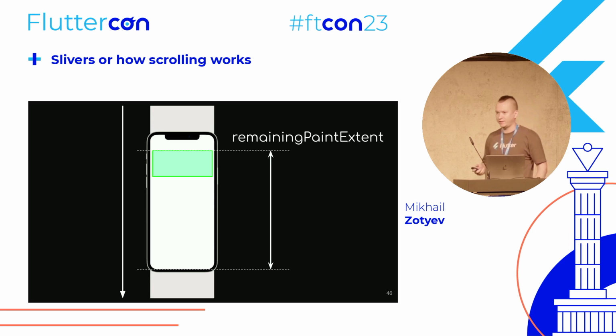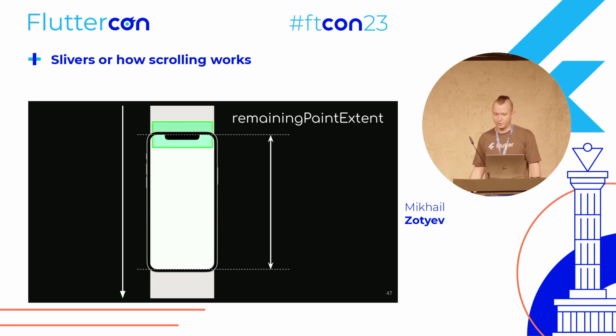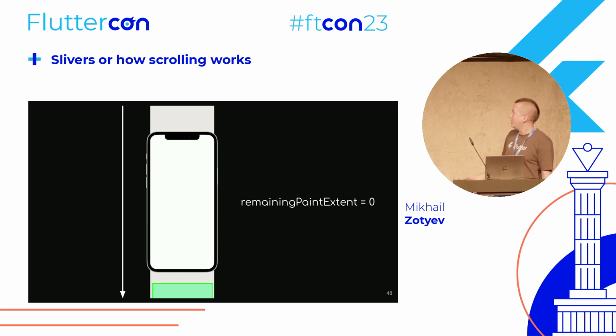But it doesn't mean that it should take all this place. It can, but it can also use exactly this and nothing more. And we talk about the painting, so as soon as we cross the leading edge, again we have all the visible part of the viewport and this remaining paint extent that we have. Before we go to the visible part, we don't have a place to paint at all, so it's 0.